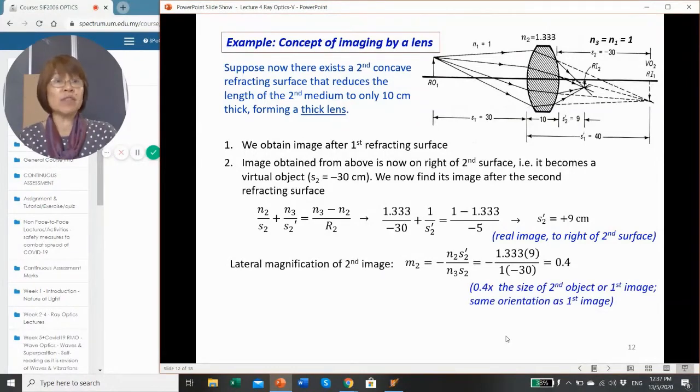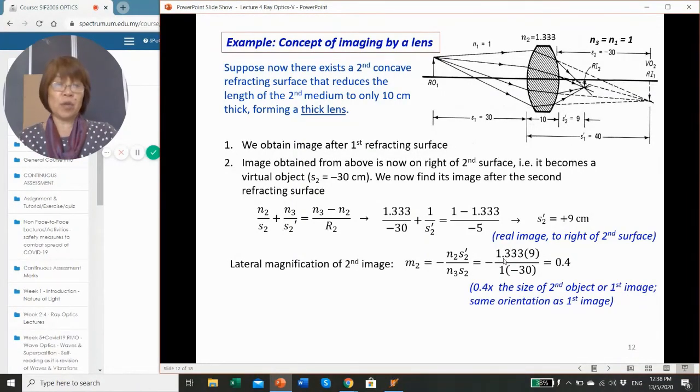Now the lateral magnification of the second image. Substituting the values, for the second refracting surface the magnification will equal negative n2 over n3 multiplied by s2 prime over s2.